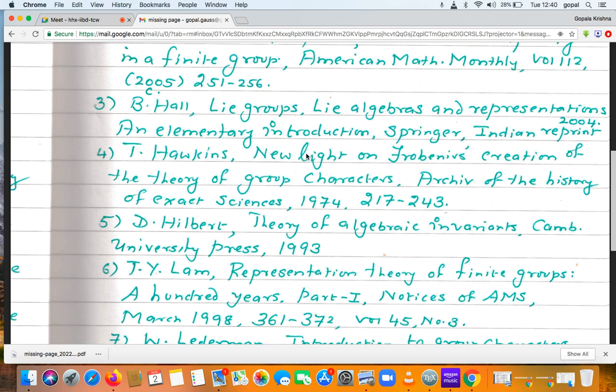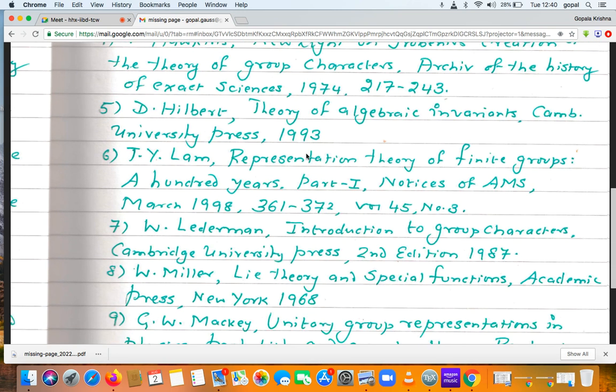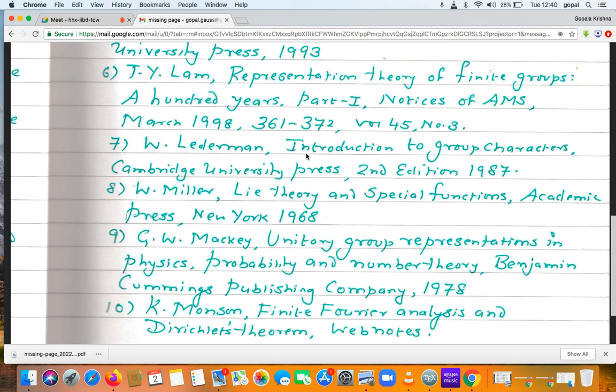Then we talked about Hilbert's lectures on invariant theory, T.Y. Lam's article in the Notices of the AMS, Lederman's book. We talked about Miller's book on Lie groups and how representation theory is explained in the light of special functions. G.W. Mackey's book contains 31 beautiful essays on the interconnections between representation theory and physics, probability, and number theory. And then there's this paper of Monson, the web draft, on finite Fourier analysis and Dirichlet's theorem.